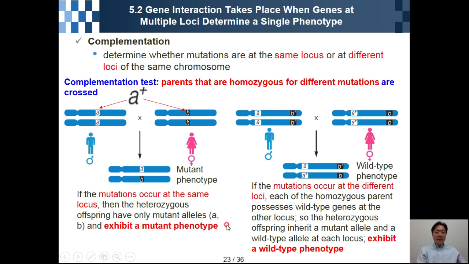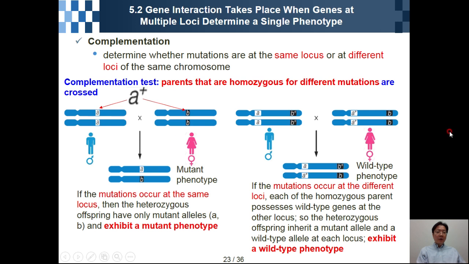How about the other case, this one? Small a is located in the upper region, and small b is located in the downstream region, in the lower region.